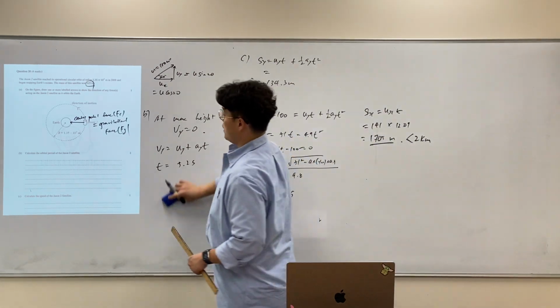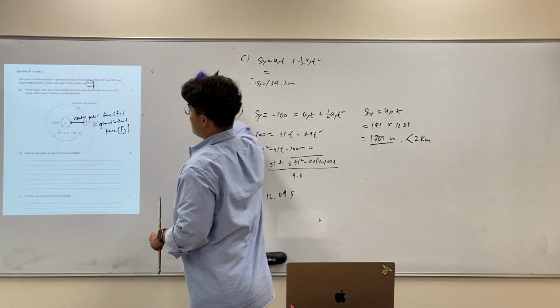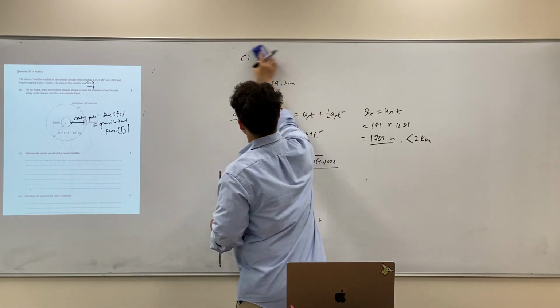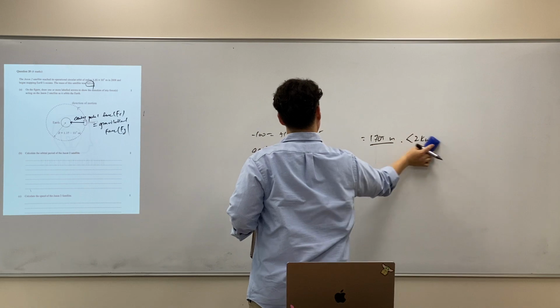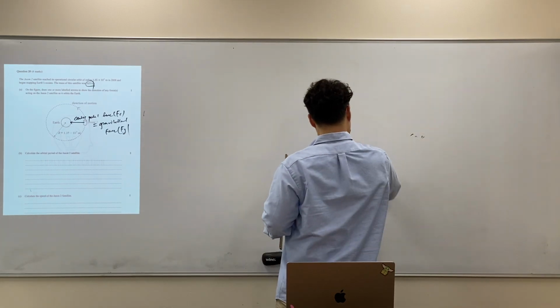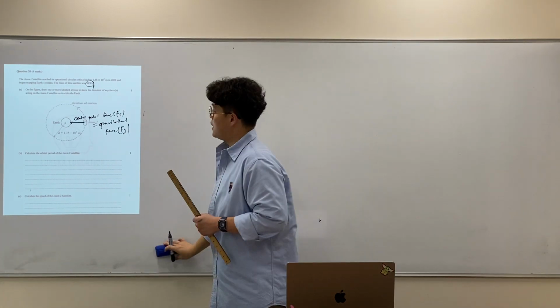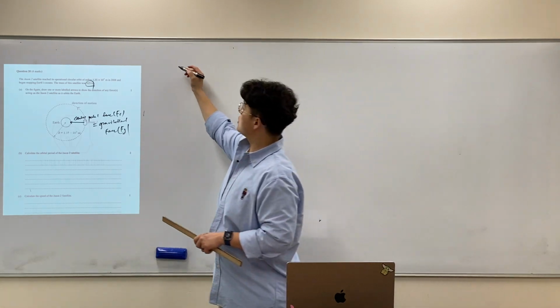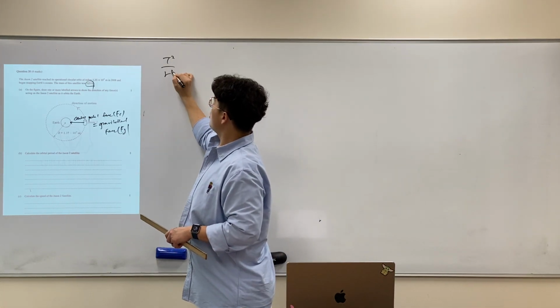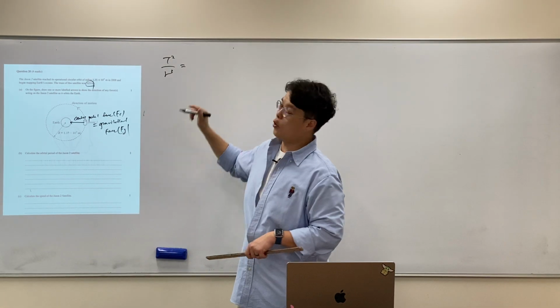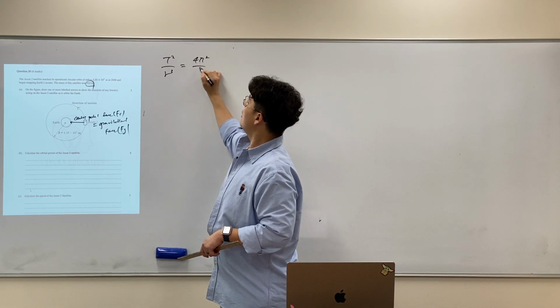B. Calculate the orbital period of this Jason-2 satellite. Let's calculate the orbital period then. We're going to use Kepler's law, T squared over R cubed equals 4 pi squared over GM.